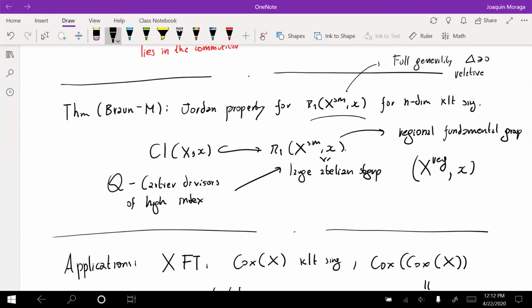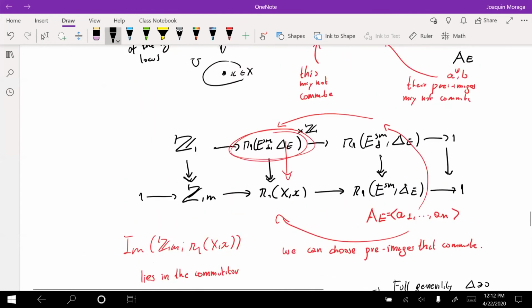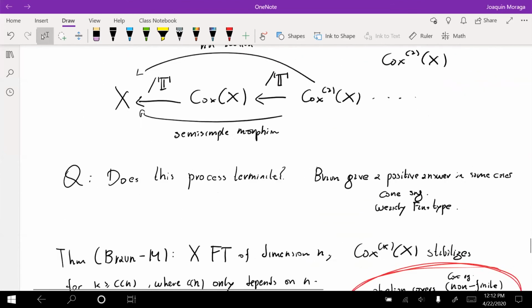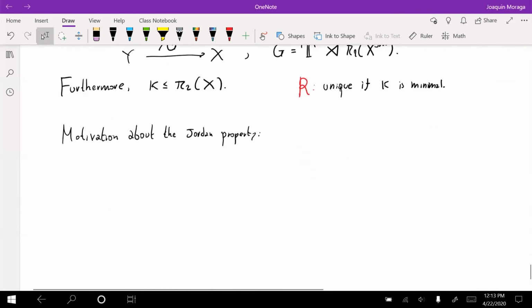Essentially, we prove that if you have any morphism of Fano type, you take any point in the base, you take a small neighborhood of the fiber and you subtract the fiber, then the pi1 is finite and satisfies the Jordan property. At the end of the day, everything boils down to Prokhorov-Shramov and then using some topological trick like this to lift the abelian group that Prokhorov-Shramov already constructed.